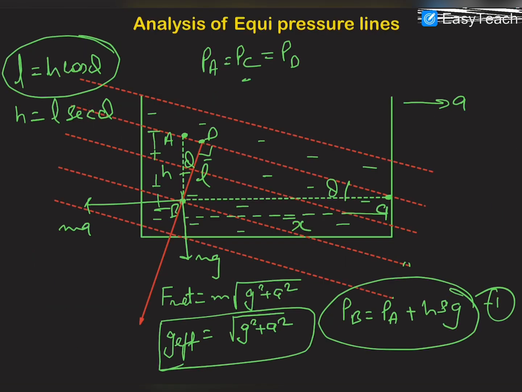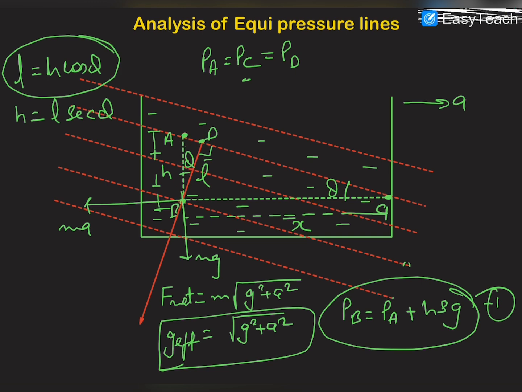So what I am trying to say is that at each equipressure line, the pressure at every point on a single equipressure line is the same, and when you are writing down the value of pressure at some point which is below that equipressure line, you can move in either direction.